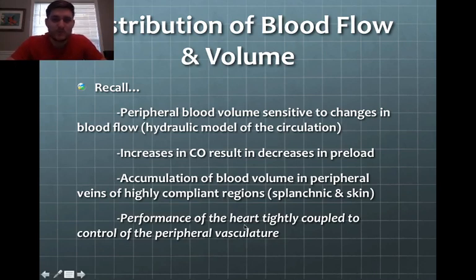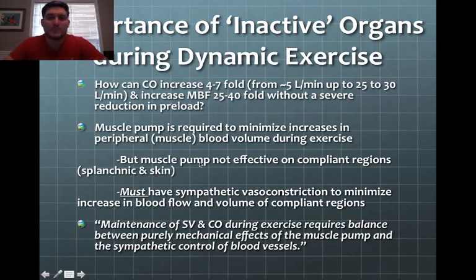And so the performance of the heart is tightly coupled to the control of the peripheral vasculature. Again, if we're not able to return blood from these highly compliant regions to the heart, then we're going to have a reduction in cardiac output. And that would not be good if we're trying to keep up exercise.